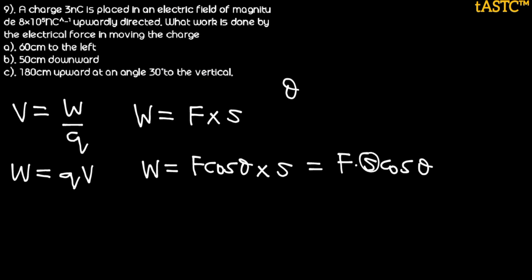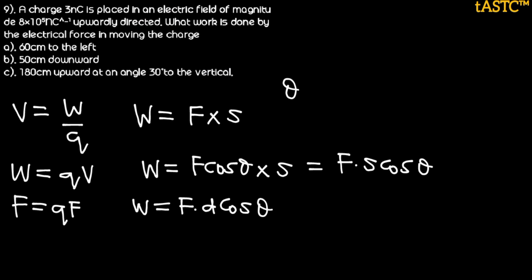S is the same thing as the distance, so W is equal to F multiplied by D multiplied by cosine theta. Now what is F? F is the same thing as Q multiplied by E. So W in this case is going to be QED cosine theta.